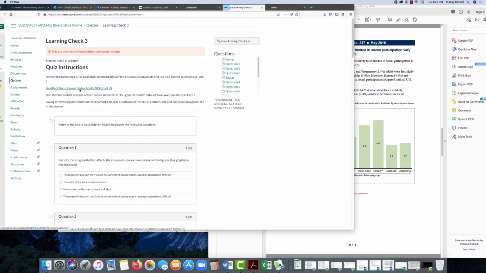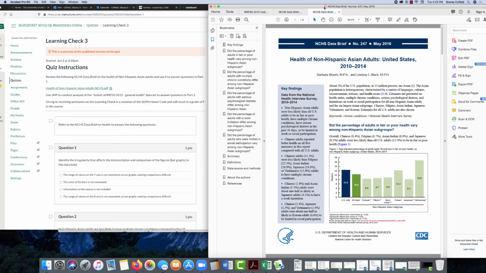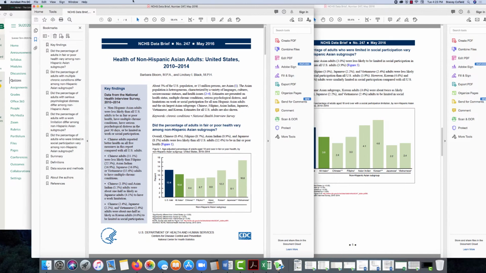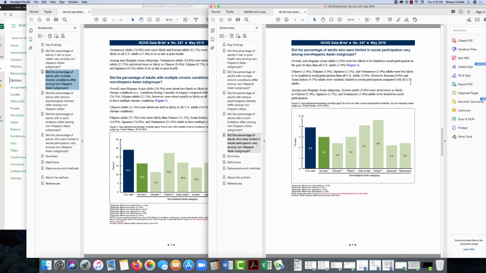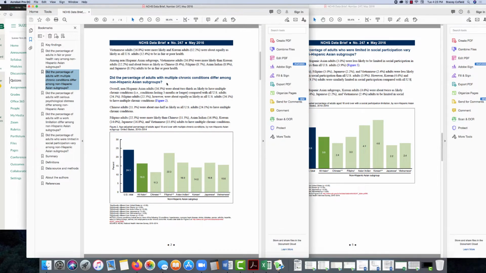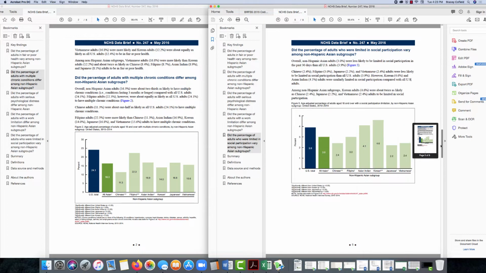So let me open up another one of these and take it out so that we can look at them in side-by-side comparison. So let's take a look at the second graph here compared to this graph here. So this is our second graph, and you can see that it goes from 0 to 30 on the left axis, and this one goes from 0 to 5.